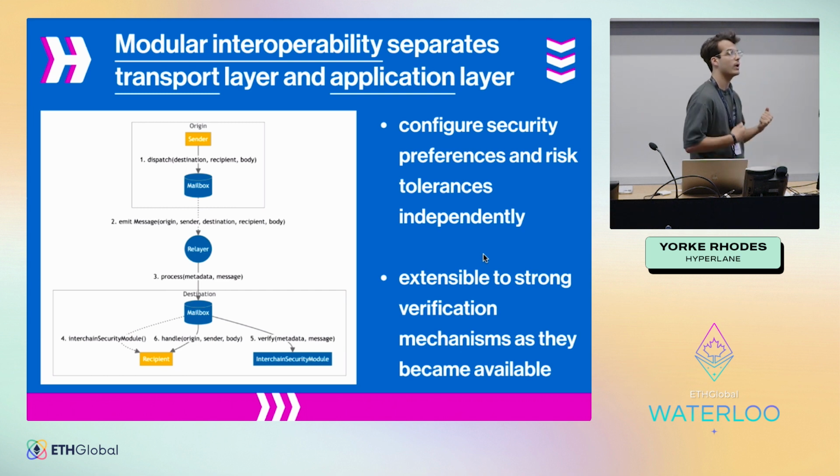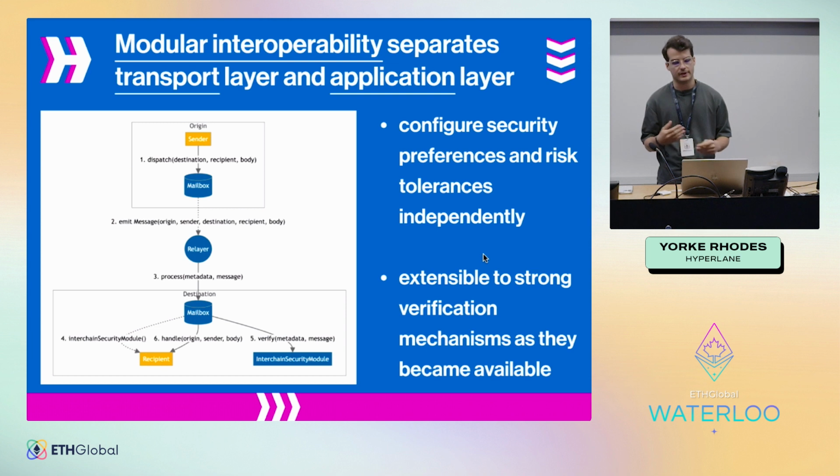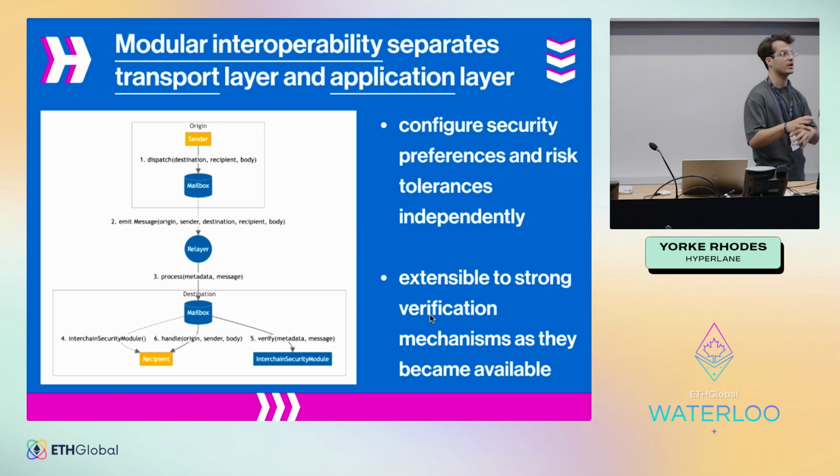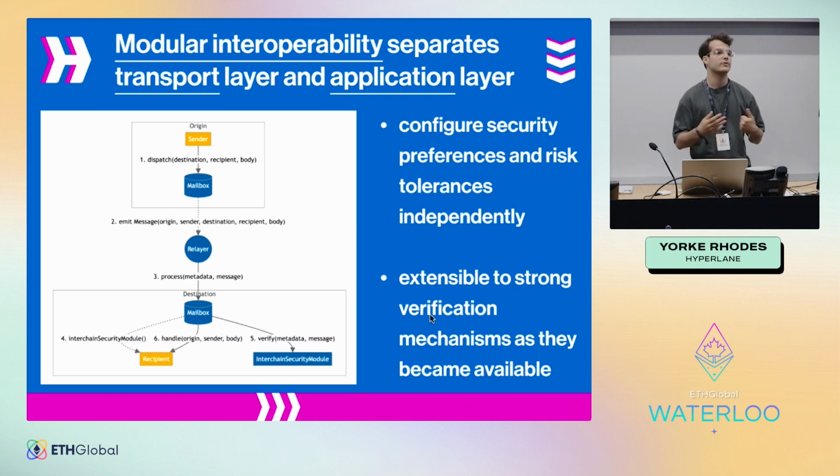This is a way for you to separate the application layer from the transport layer. We think this is really important for application developers when they're reacting to the evolution of all this infrastructure. They shouldn't impose those things on their users.